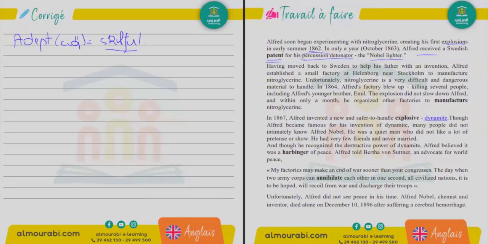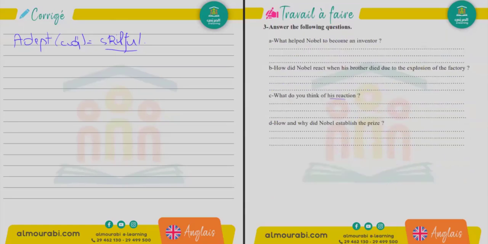All right, good. Just a moment. After the death of his brother here, did he stop his project? No, he did not. All right, that answers which question here? It answers question 3B.